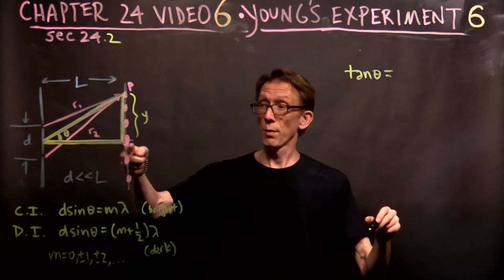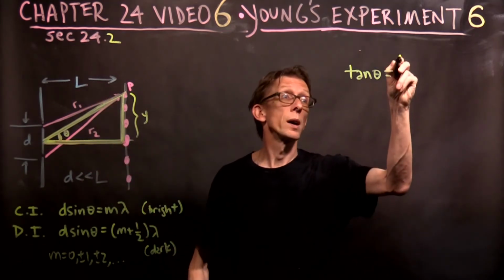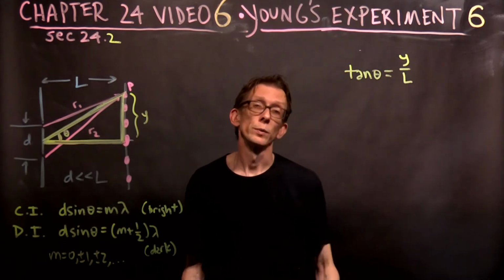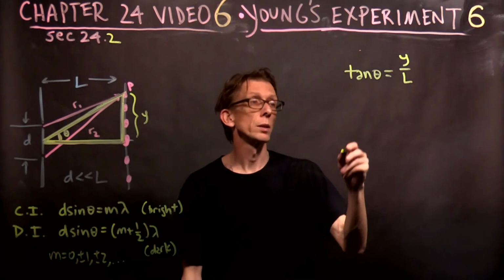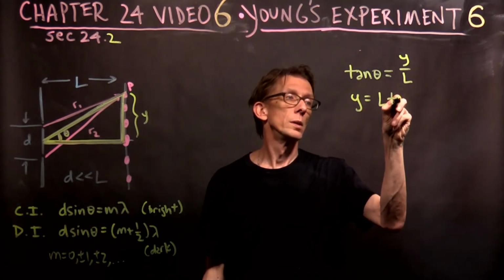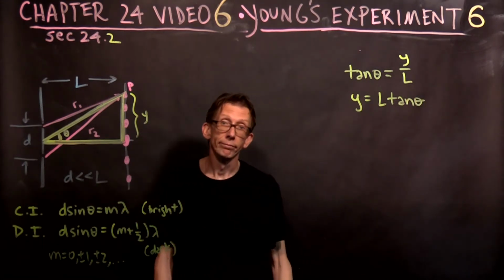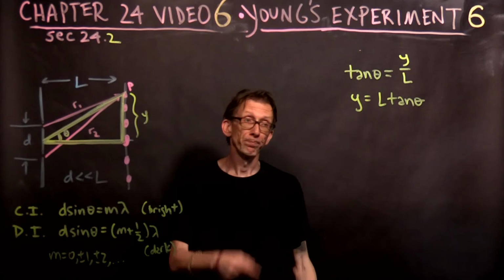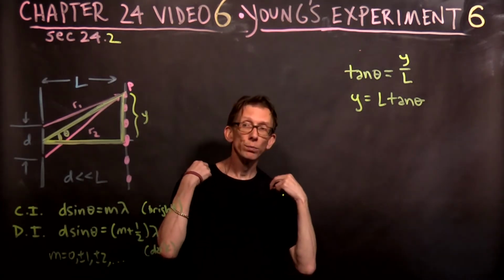Because the length here, the base of the triangle, has the same length as L. So it's y over L. So a little algebraic hocus pocus here. y is equal to L tangent theta. Now, here's a little fact you may not know.